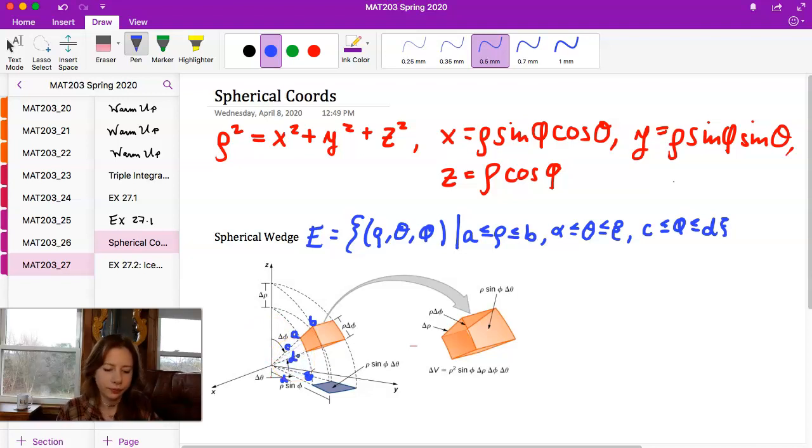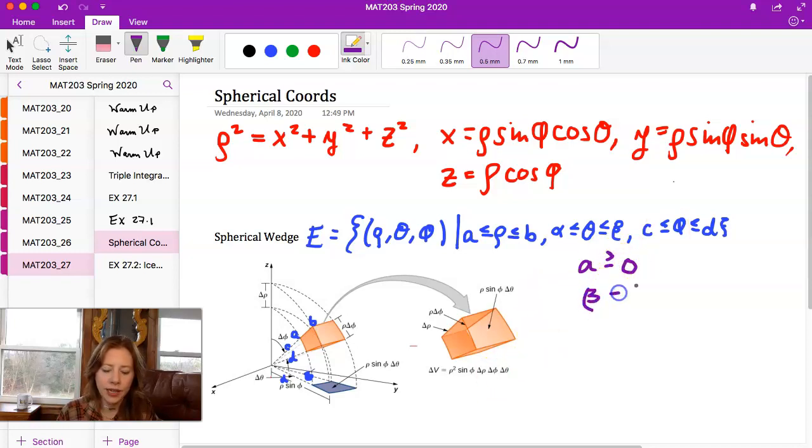And now what I would like to do is to just keep in mind a couple more things. So A is going to be greater than or equal to 0, right? We're going to have some radius.